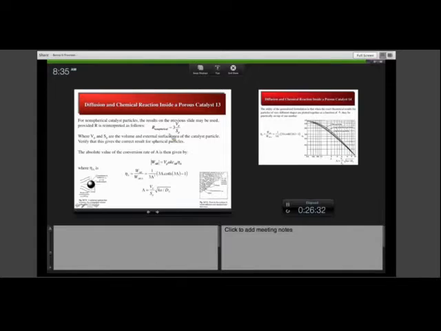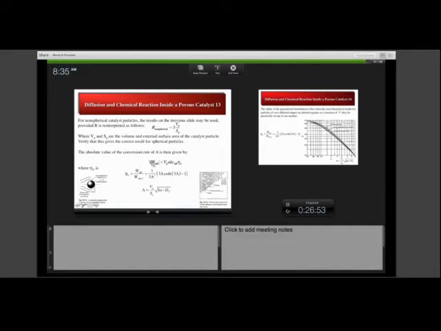Now, one of the things that's really interesting about this, and is always very gratifying to see, is we've worked this problem out for a spherical particle, and it turns out that it's applicable way beyond spherical particles.